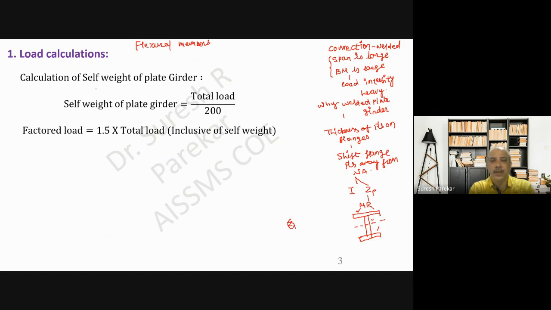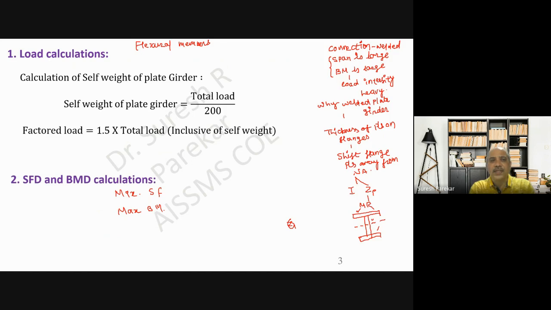If we have a UDL, we also multiply it by 1.5. Once we are done with loading, we go for the shear force diagram and bending moment diagram. You may draw it or may not draw it, but we have to calculate the value of maximum shear force and maximum bending moment.